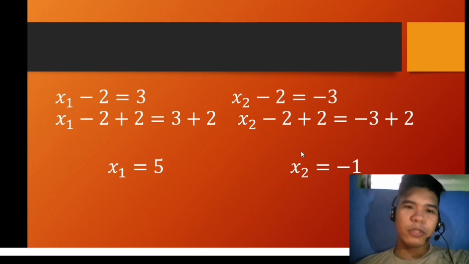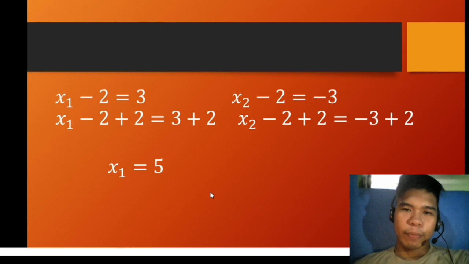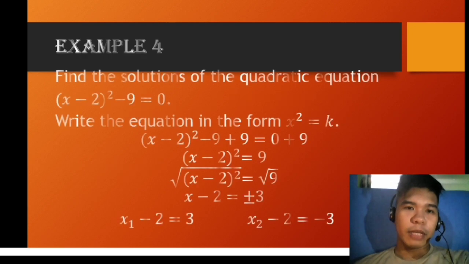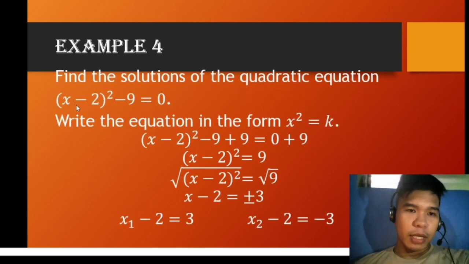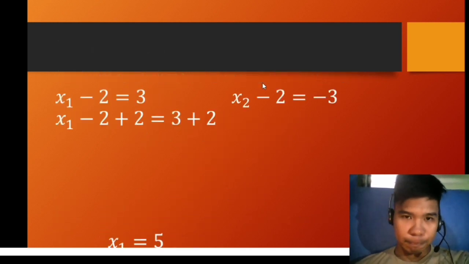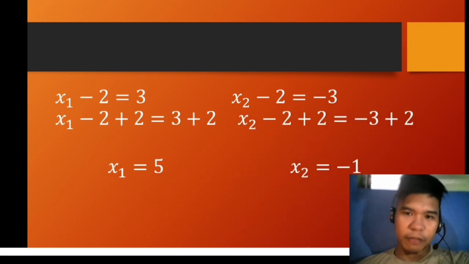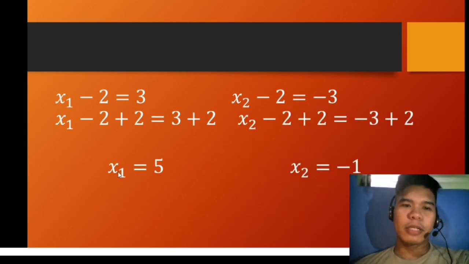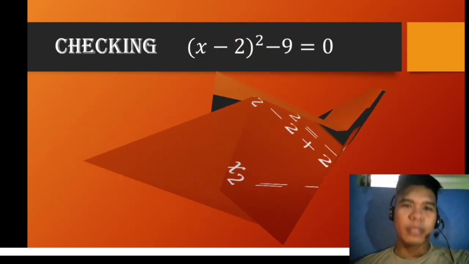Therefore, the solutions for the given, let's go back to the given. From the given equation, quantity x minus 2 quantity squared minus 9 equal to 0, is positive 5 and negative 1. So let us now check if positive 5 and negative 1 are correct solutions by checking.